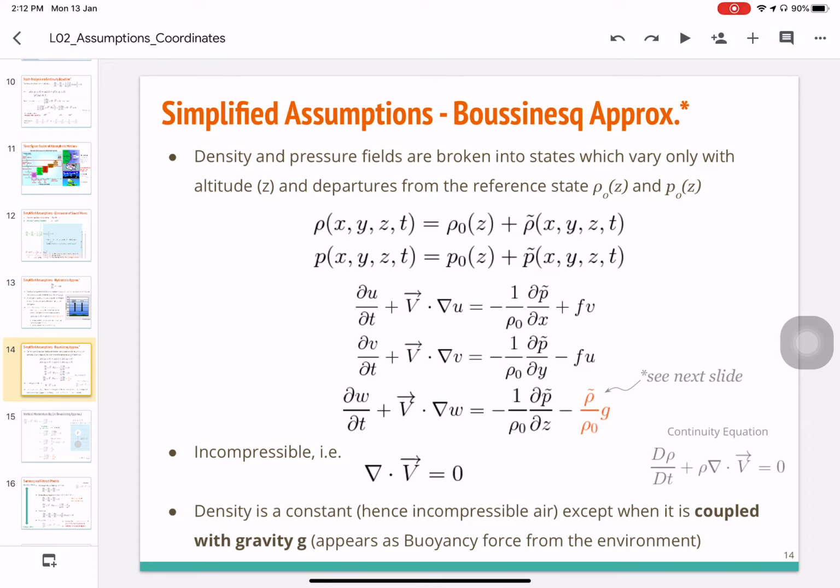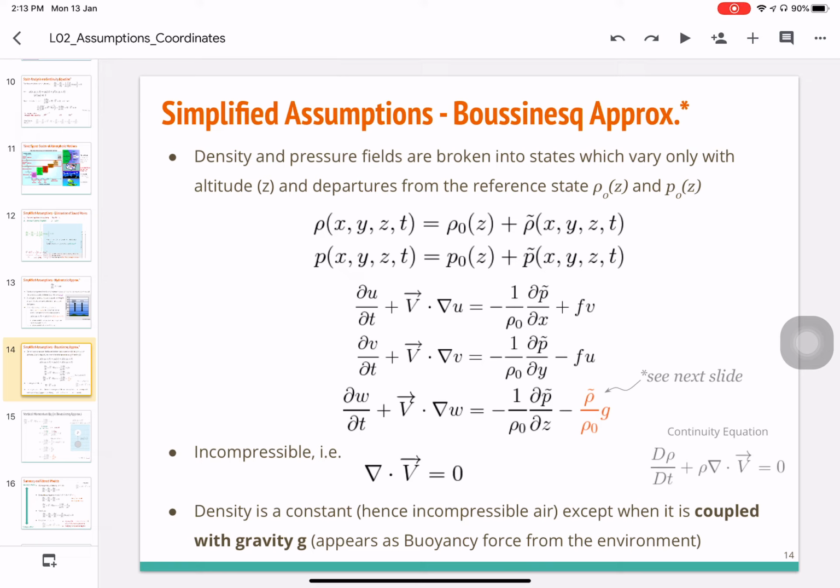Next we talk about another type of approximation. I think you have probably heard of it, the Boussinesq approximation. For this approximation, we separate the pressure and density into two terms, the non-changing part and the changing part. This approximation is a little bit different from the models that we have just discussed, because here we also deal with the momentum equation.